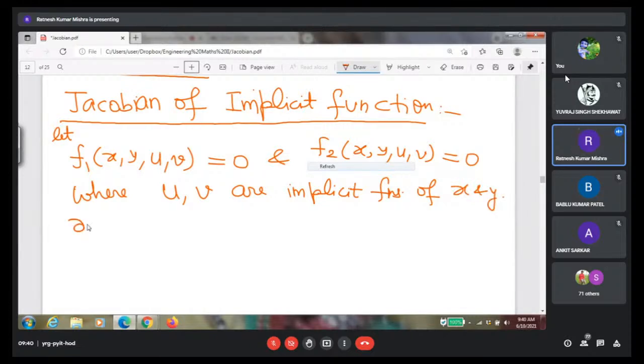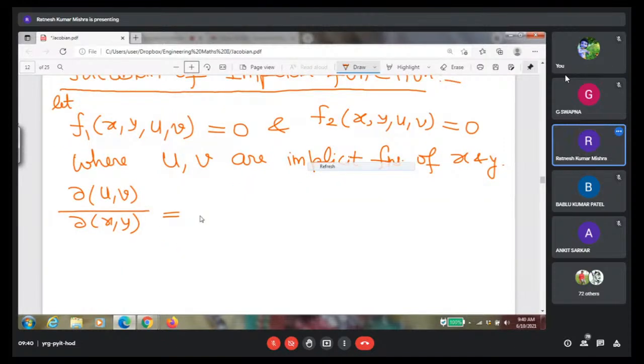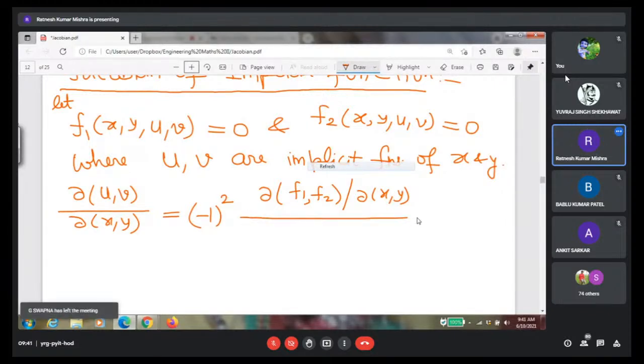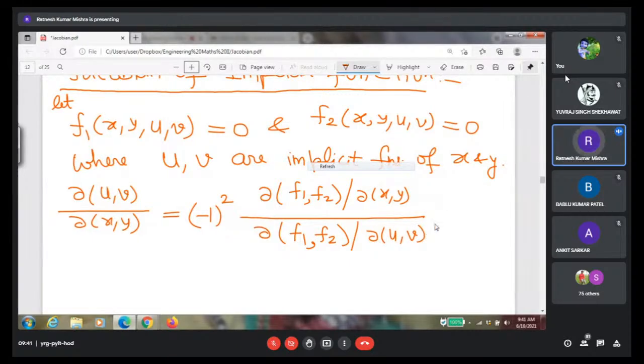Now in this case, the Jacobian of u, v with respect to x, y is, so there is a formula: (-1) to the power 2, Jacobian of f1, f2 with respect to x, y, divided by the Jacobian of f1, f2 with respect to u, v.